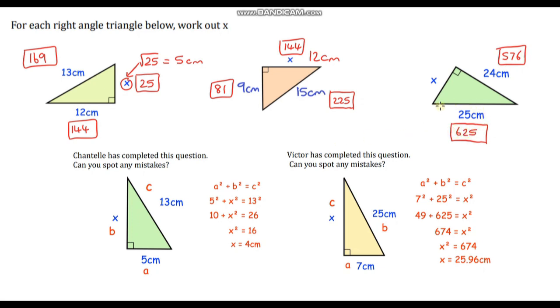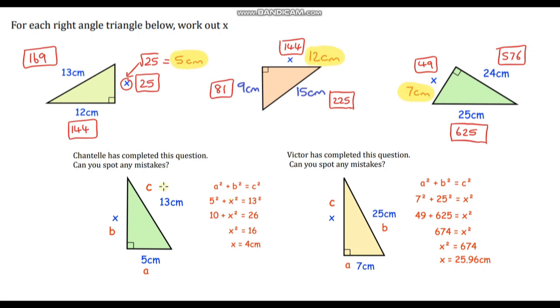Because this is the hypotenuse, and the reason you can tell it's the hypotenuse is because it's always opposite the right angle, we're going to take 625, subtract 576, and that gives us 49. So this length squared is 49. So to work out what this length is, we just take the square root of 49, which is 7 centimeters.